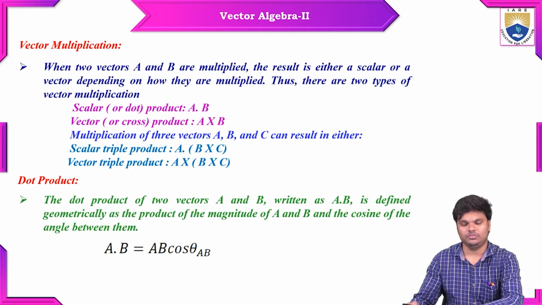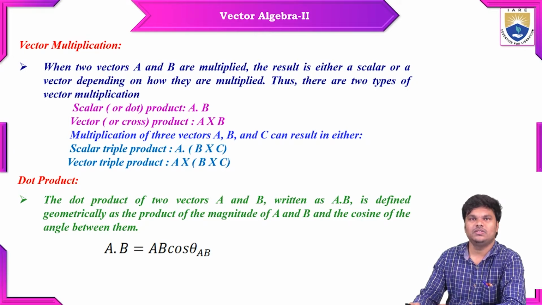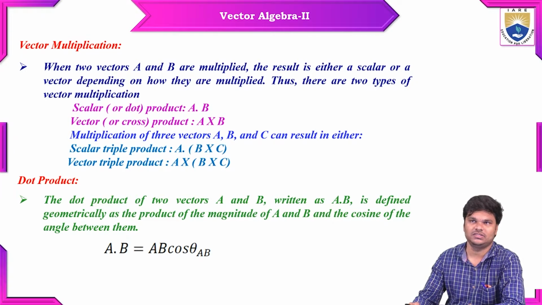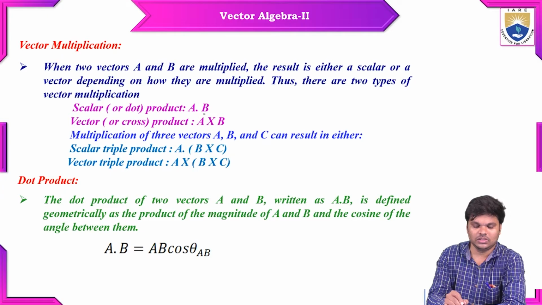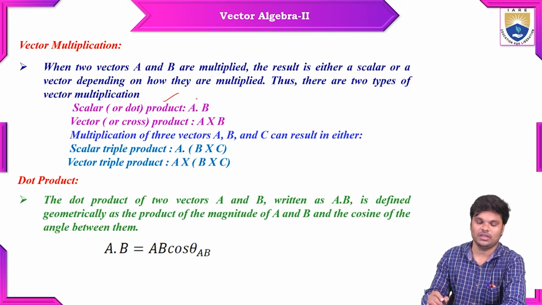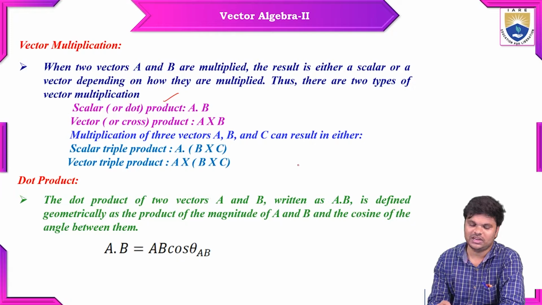We know how to perform multiplication between two scalars and how to multiply a vector by a scalar. Vector multiplication can be done in two ways: one is the scalar product or dot product, and the other is the vector product or cross product. When two vectors A and B are multiplied, the result is either a scalar or a vector depending on how they are multiplied.